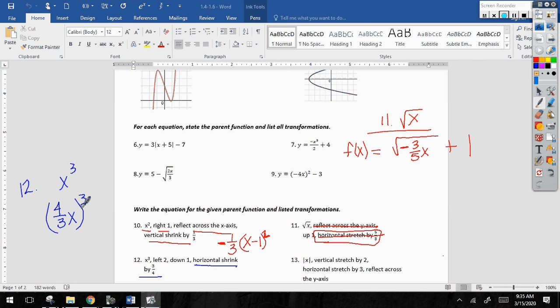That will give me a horizontal shrink. I need to go, I shouldn't have done that so fast, left 2. So that, again, is going to be horizontal, so it's going to need to be hooked to the x. If I go left, I add. All right, all that is hooked to x inside there, and then I need to go down 1, which means put that -1 right there on the end of the equation.